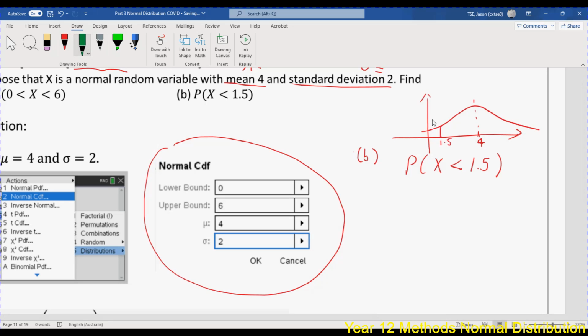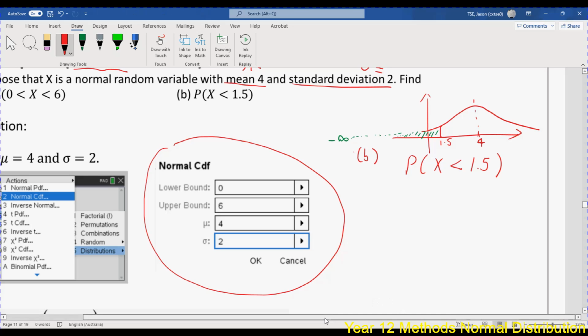Less than 1.5 should be the area under here. Again, you can see you can go to infinity, but this time it's not positive infinity but negative infinity here. So for that one, the upper bound is 1.5, but the lower bound is negative infinity.